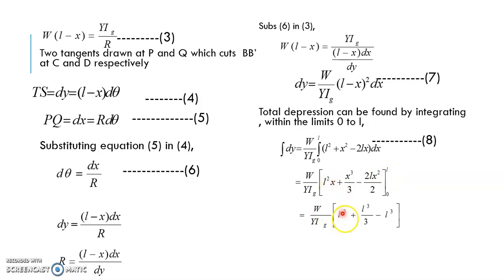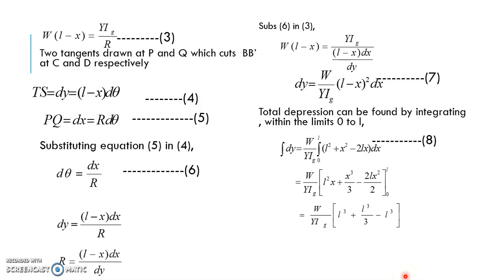L square into L is L cube, plus x cube, we put L, therefore L cube by 3, minus 2L into L square, x square there, therefore L square into L is L cube. The 2 cancels, therefore the remaining term is minus L cube. Substituting the limits, you get L cube plus L cube by 3 minus L cube.